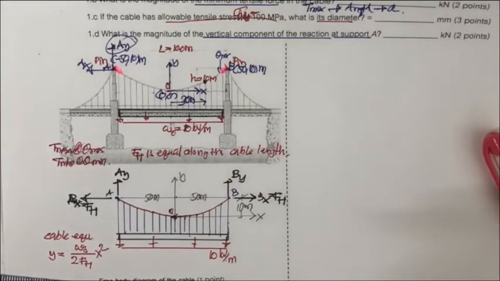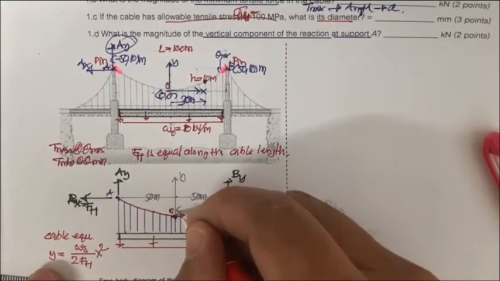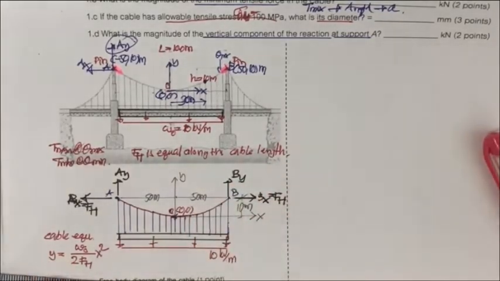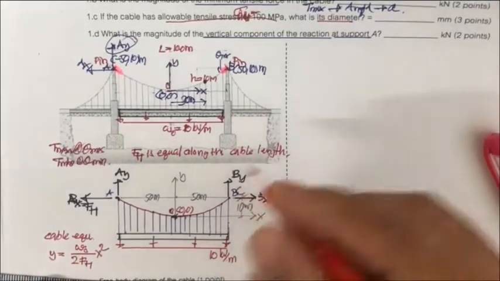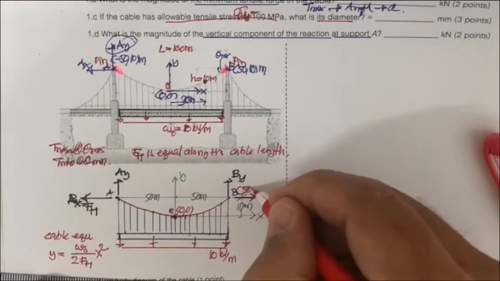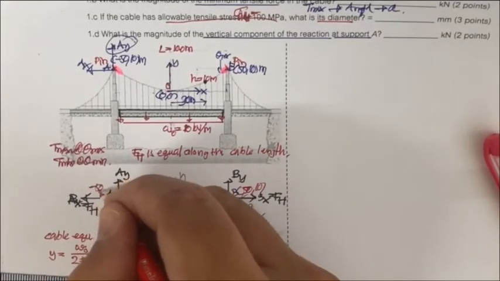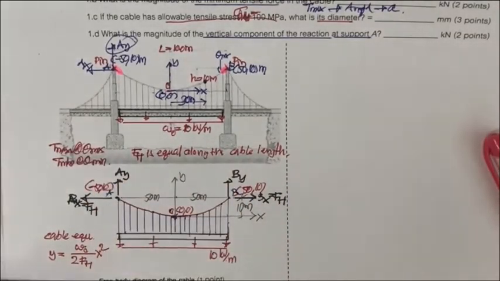So the next step, we are supposed to find the coordinate of each point. This is going to be 0, 0. This is going to be 50 and 10, and this is going to be minus 50 and 10, as we know before.